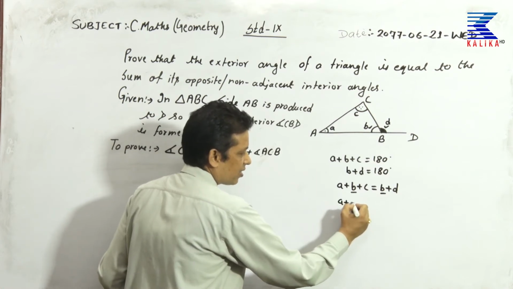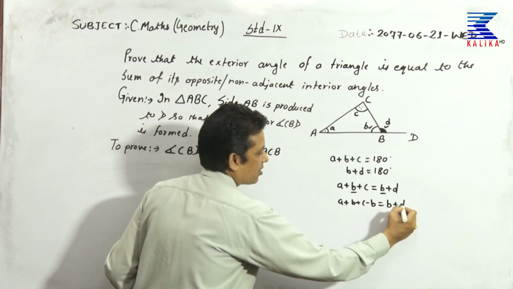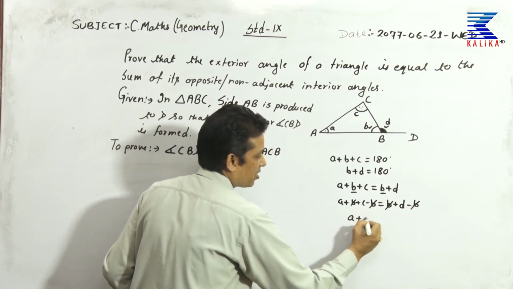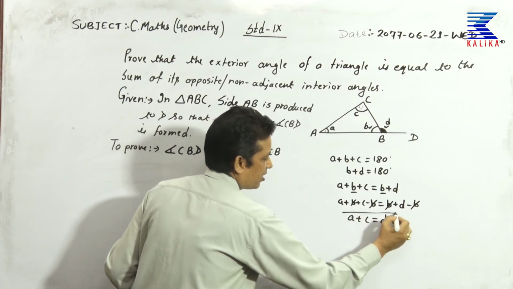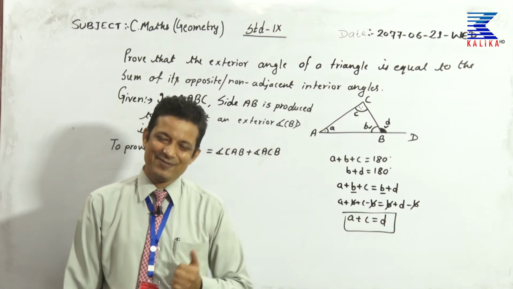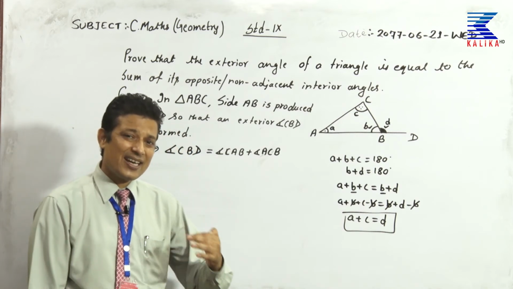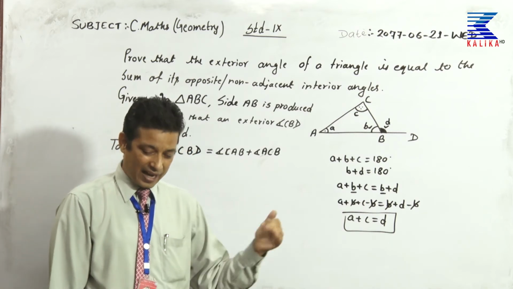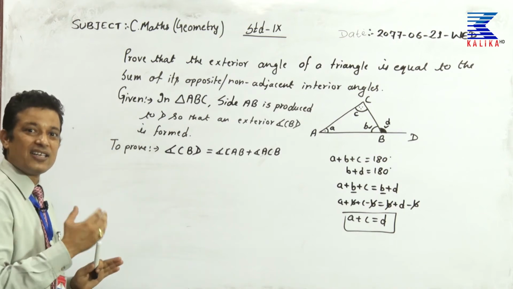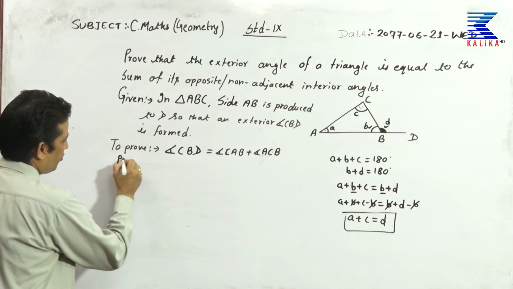A plus b plus c minus b, b plus d minus b. If you cancel, a plus c will be equal to d. This is what we are going to prove today. Look, this is very easy to prove that the exterior angle is equal to its opposite interior angles. Now, we do not need additional construction, dear student. Therefore, I am starting writing the proof.